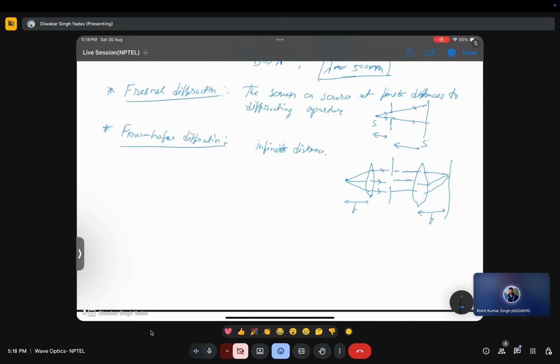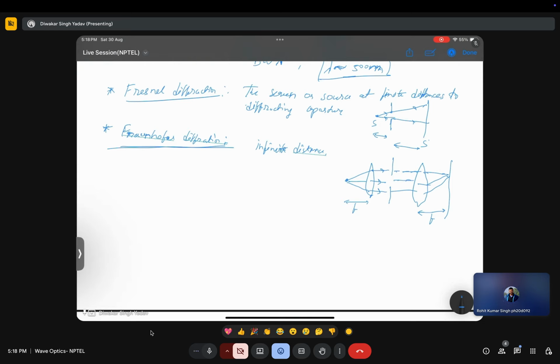Now this Fraunhofer is easy to study and understand, because you have parallel light rays. So the equations and all the calculations become easier. So for now we will focus only on the Fraunhofer diffraction, where we'll assume that the light rays coming on the slit are parallel.